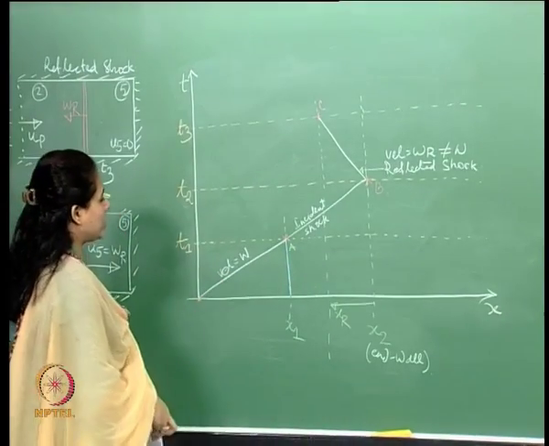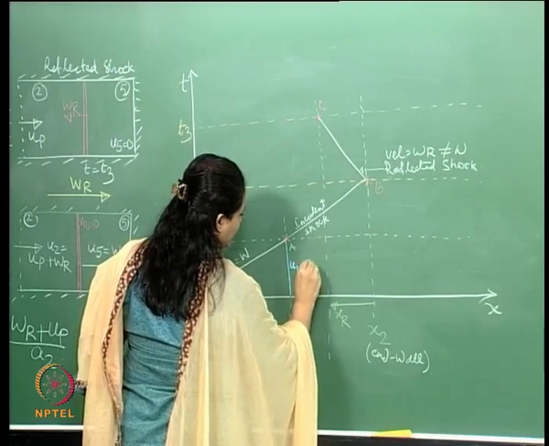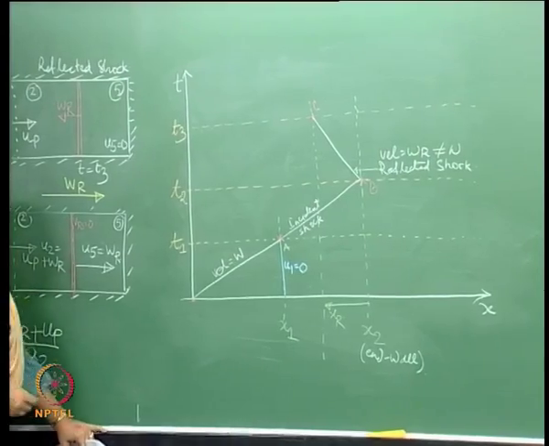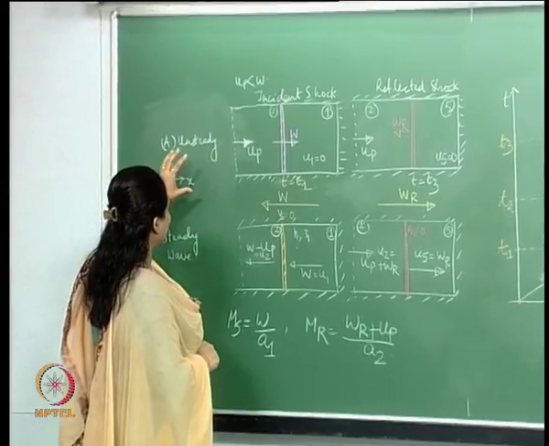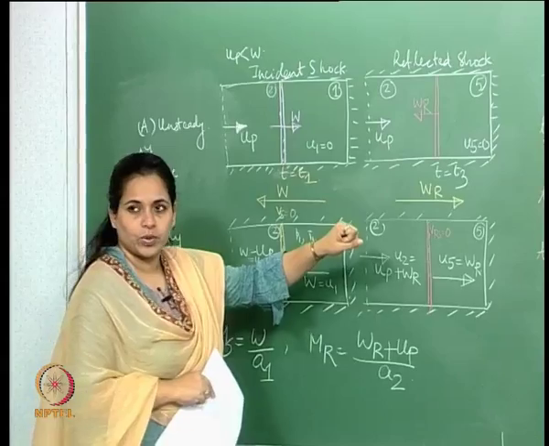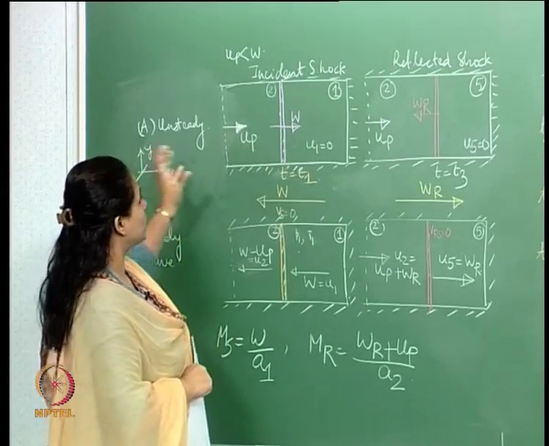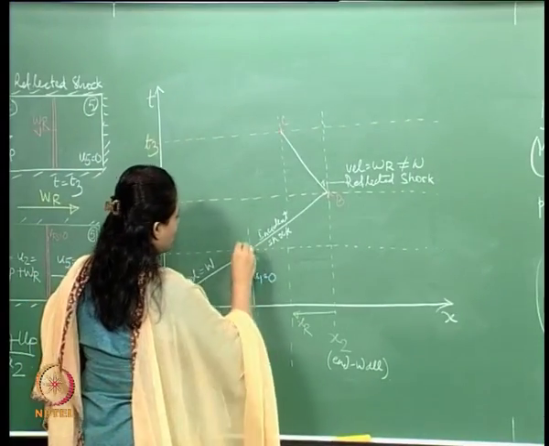It continues to sit there, and after that, the shock reaches it and displaces it from its position and imposes a velocity up on it. It causes mass motion. So then it starts moving with a velocity which is up.